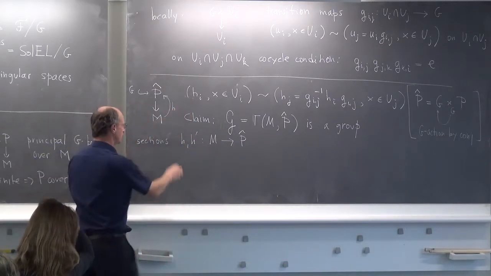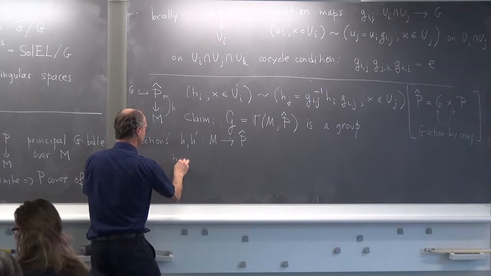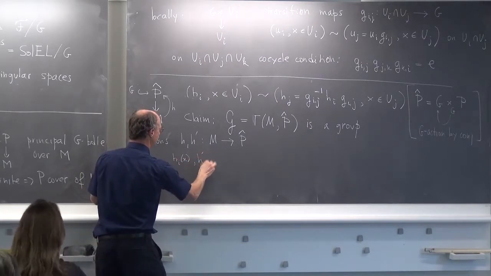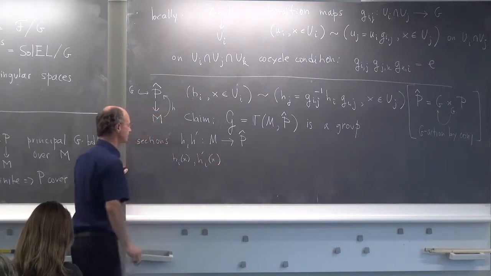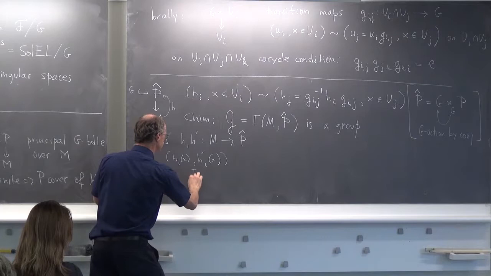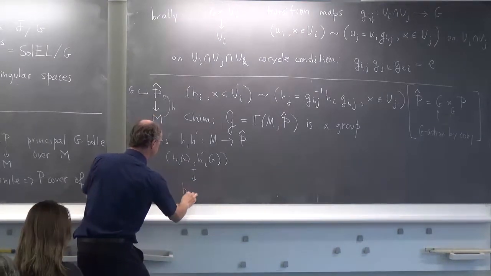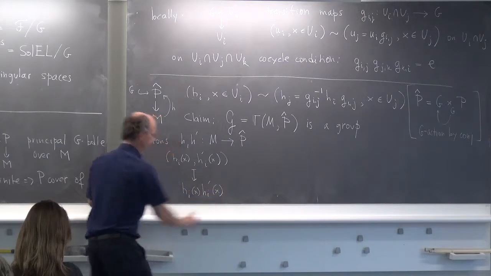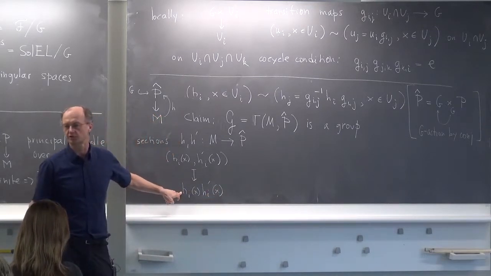And in one chart, they are represented by h_i of x, h'_i of x. And the product maps them to h_i of x times h'_i of x. So this is just a G-valued function on the chart.